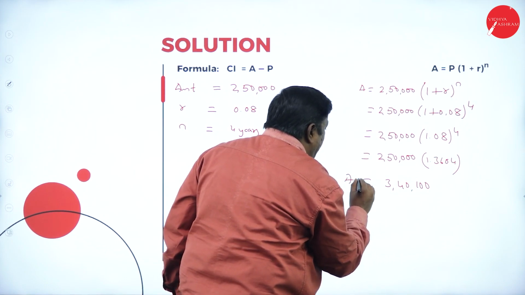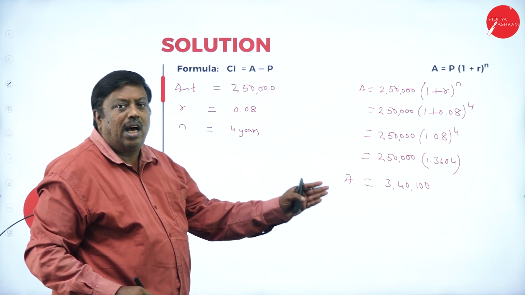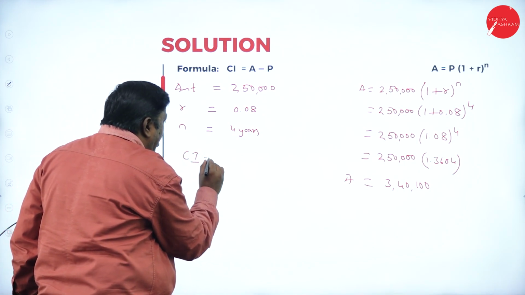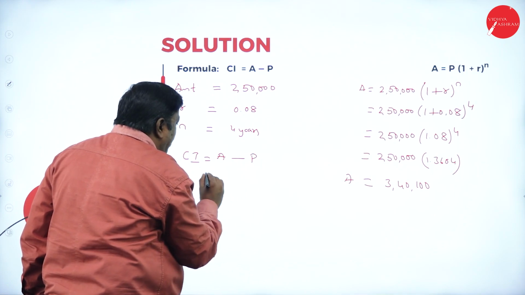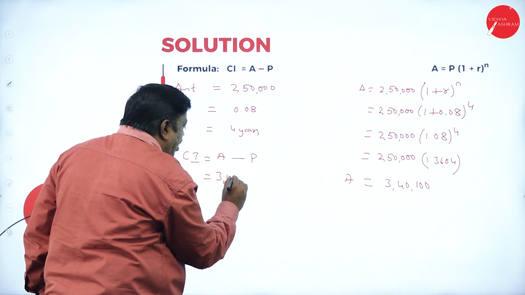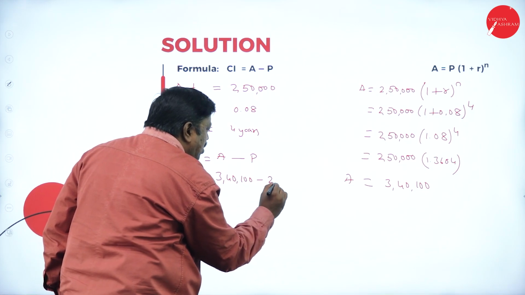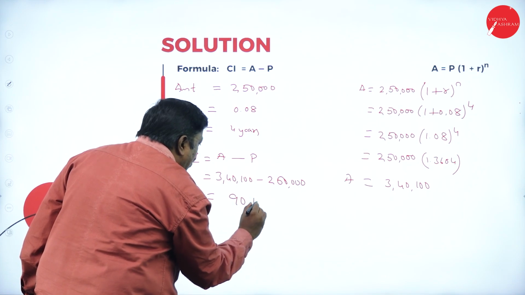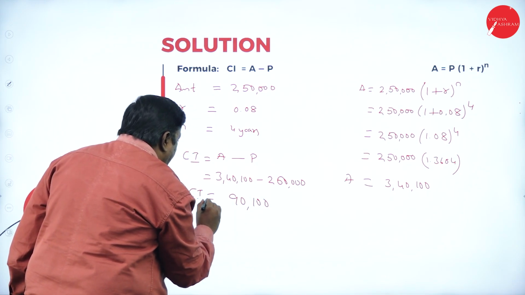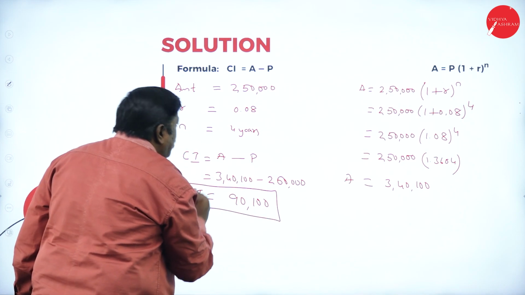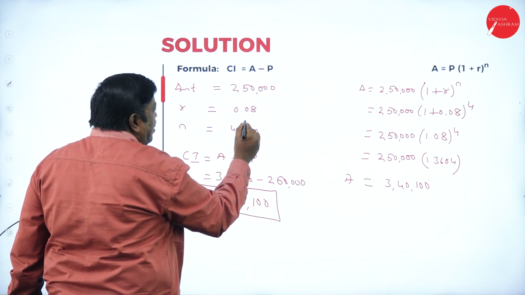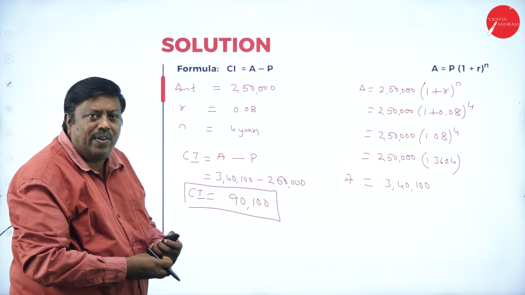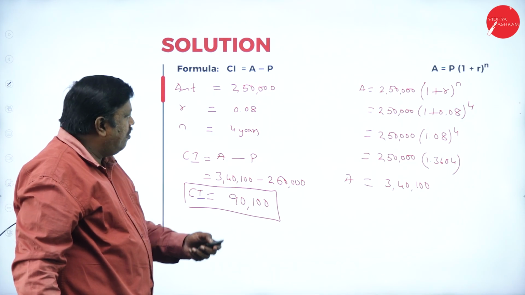The annuity value after 4 years will be 3,40,100. Now, the compound interest will be annuity minus principal, 3,40,100 minus 2,50,000. So it will be 90,100. So compound interest for the amount of 2,50,000 at 8% for 4 years will be 90,100. That's the concept we have in problem 1.